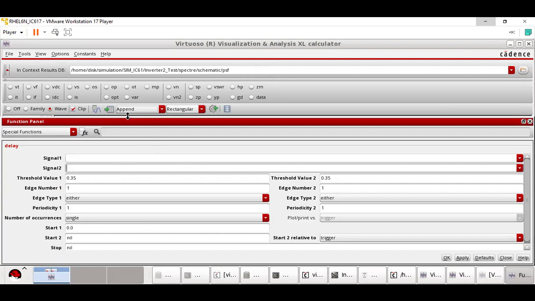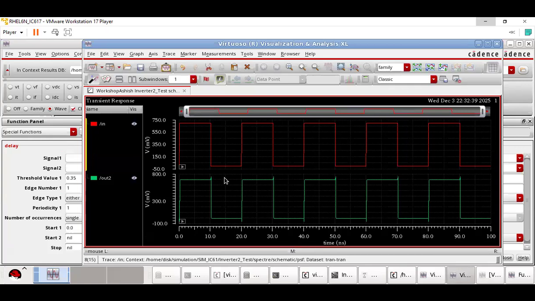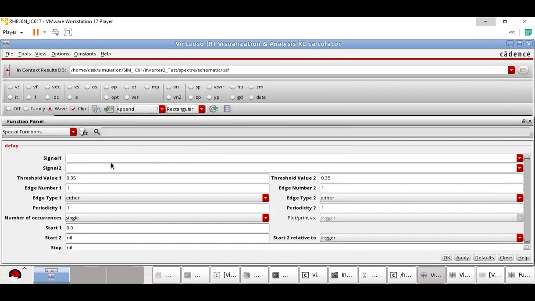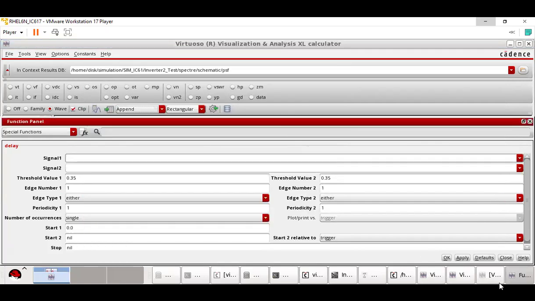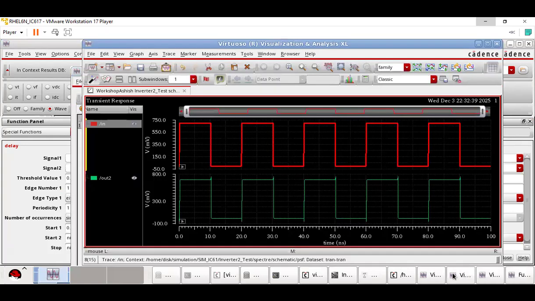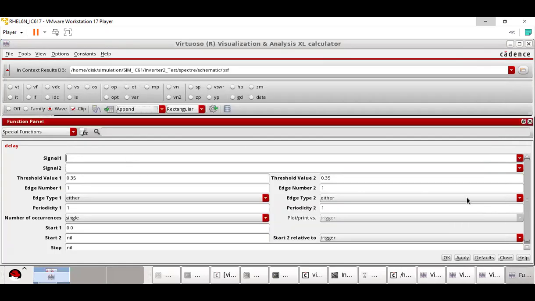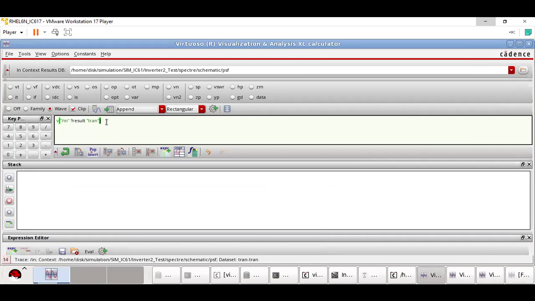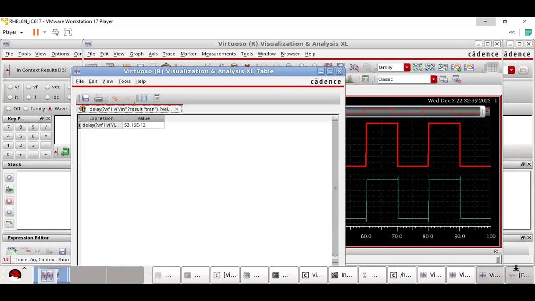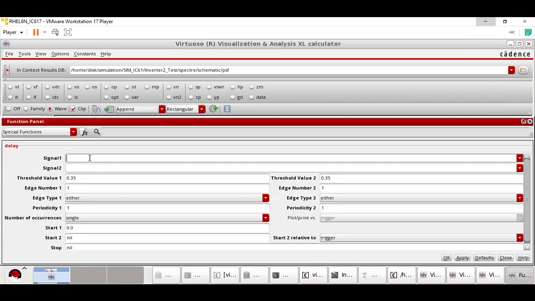Now you just take the signal 1, go to the wave shape. Signal 1 is input. Here you have signal 1. Put the signal 1 here.